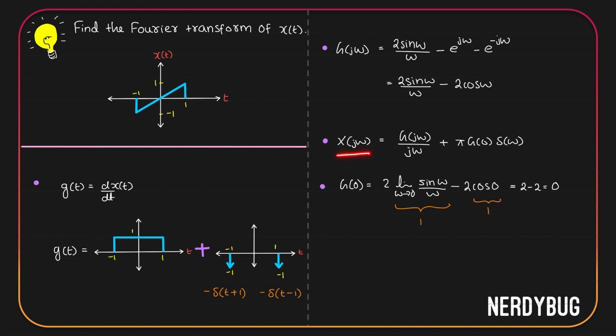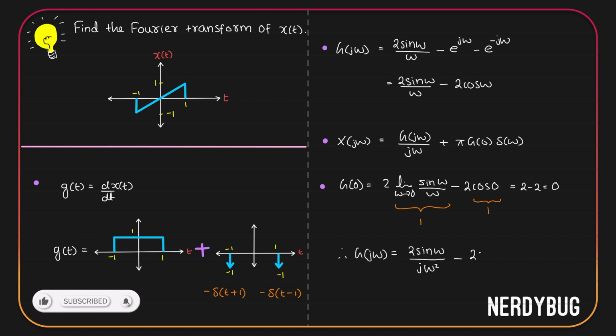Therefore, x of j omega simply becomes g of j omega divided by j omega. So we get 2 sine omega divided by j omega squared minus 2 cos omega divided by j omega.